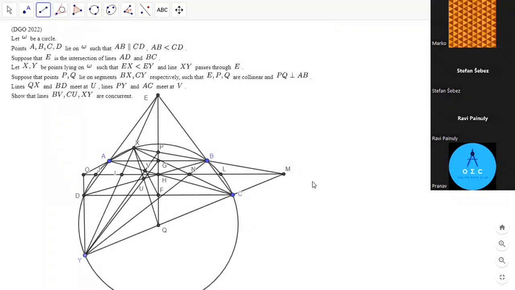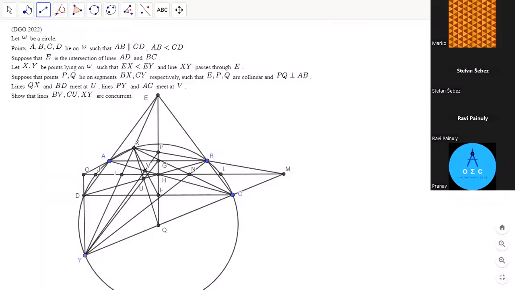So you just have to show B, V, and I for collinear. Oh yeah, by Brocard's, these we know intersect on that.